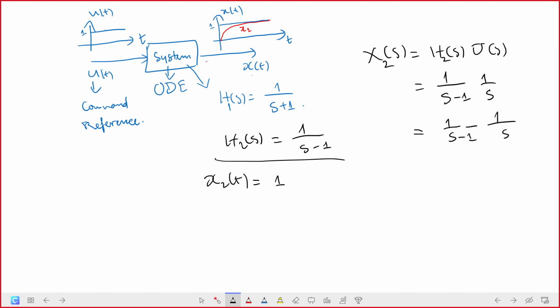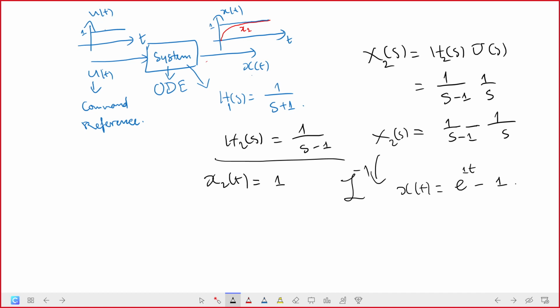Minus 1 and minus here become plus 1. Okay, so this is okay. And then what I have is the Laplace inverse of this one would be h of t equal to exponential of 1t minus 1.